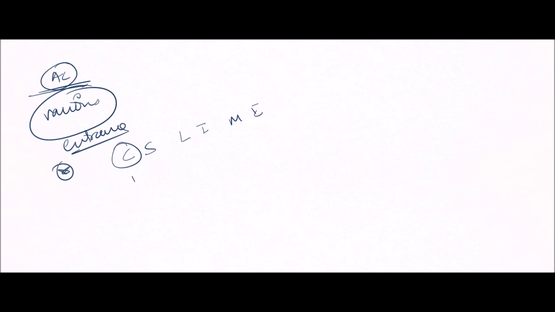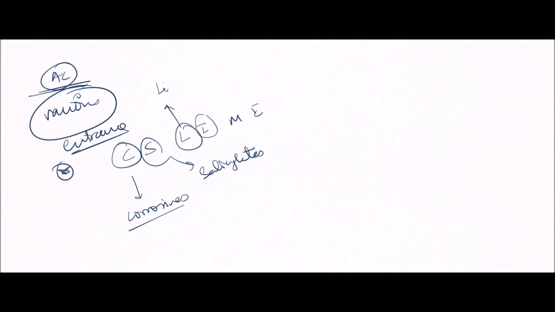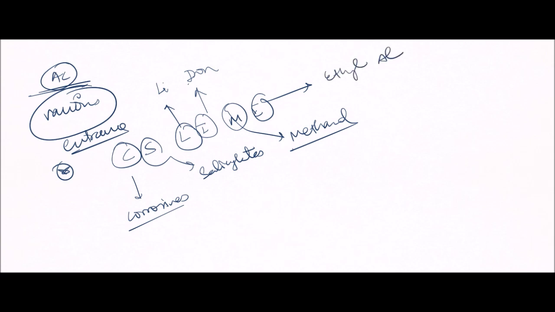C stands for corrosives, S for salicylates, L for lithium, I stands for iron, M stands for methanol, and E stands for ethyl alcohol and ethylene glycol.